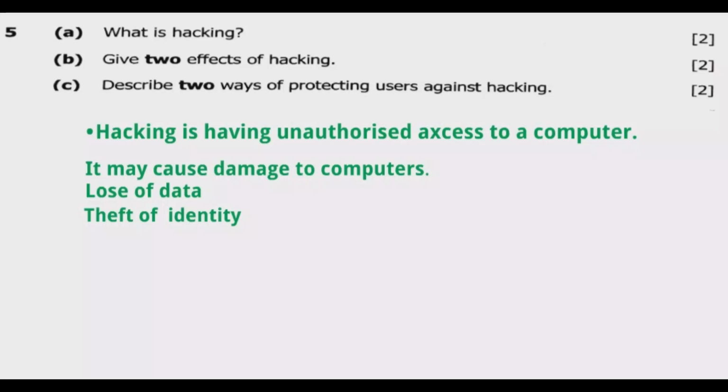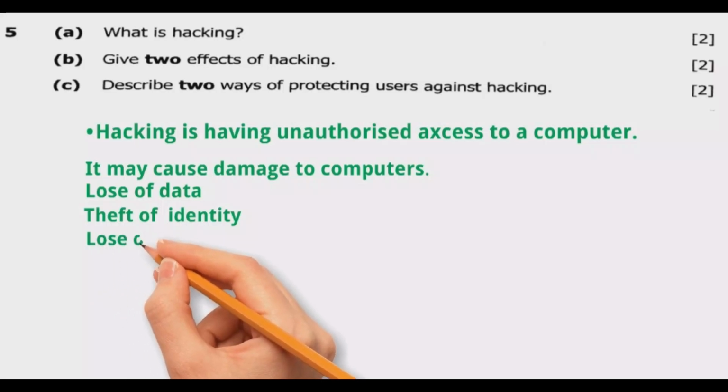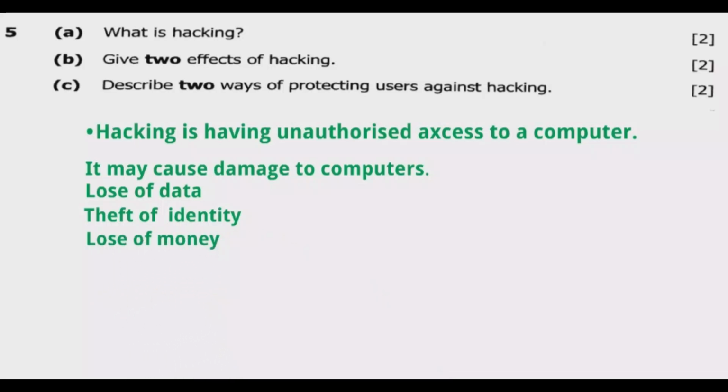So one, the computer might be damaged. Two, there will be loss of data. Three, they will steal your identity and start doing activities as if it's you. Then the additional one is that there can also be loss of money.